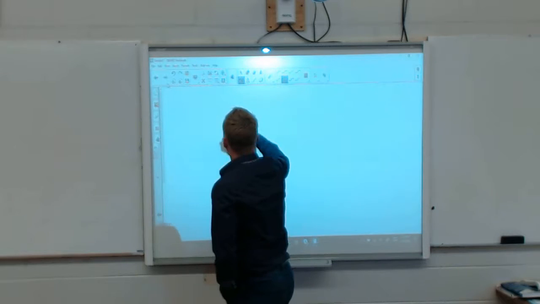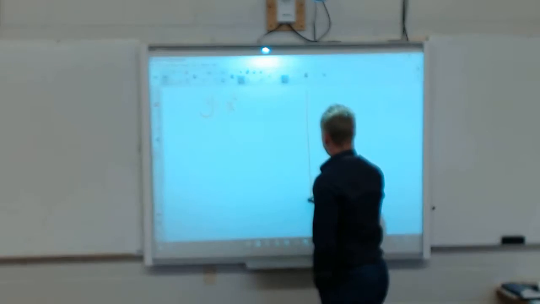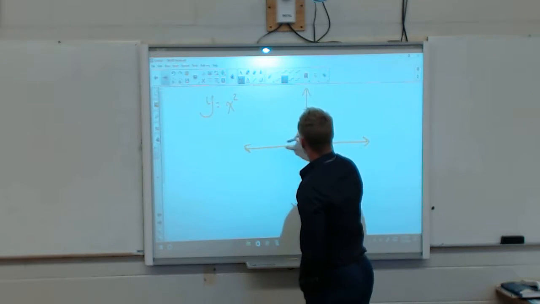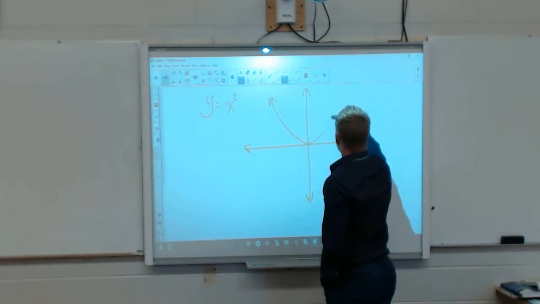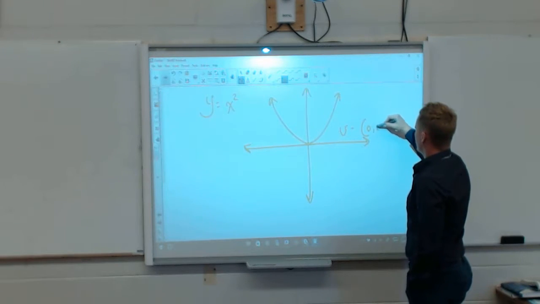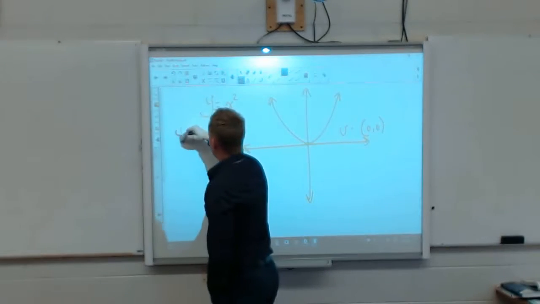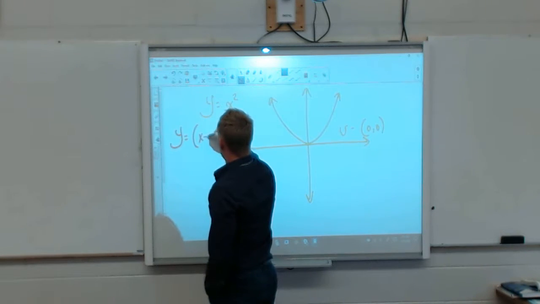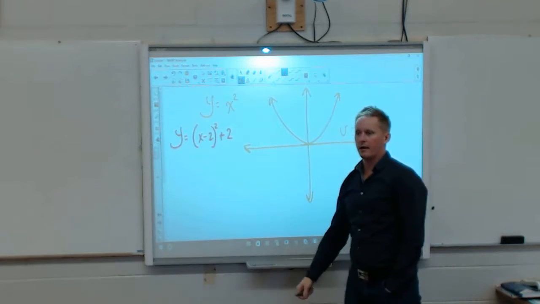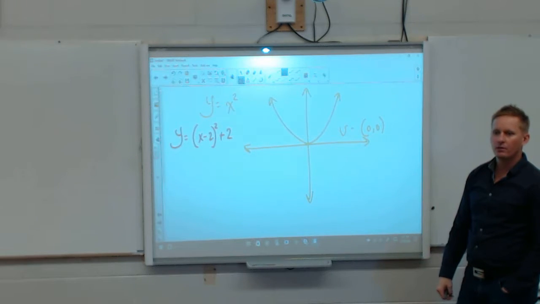Okay, so we showed that yesterday by graphing y equals x squared. Okay, in which my vertex for this one was 0, 0, right? And then I'm going to go y is equal to x minus 2 squared, add 2.